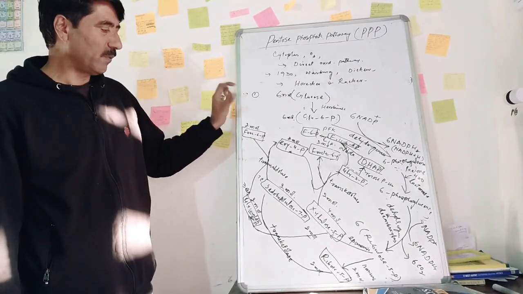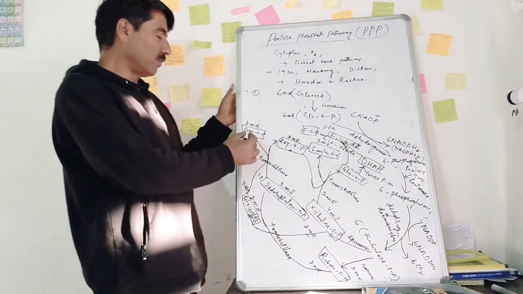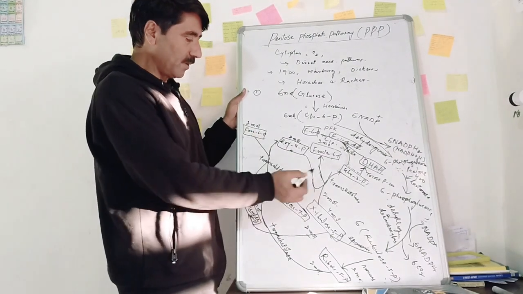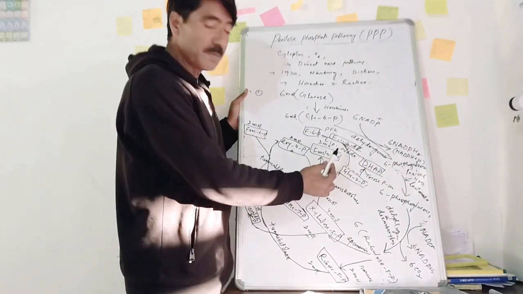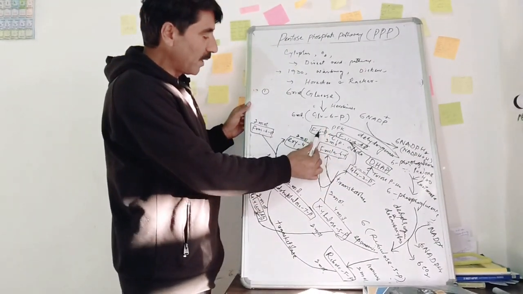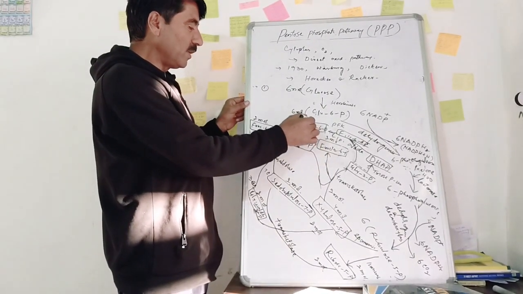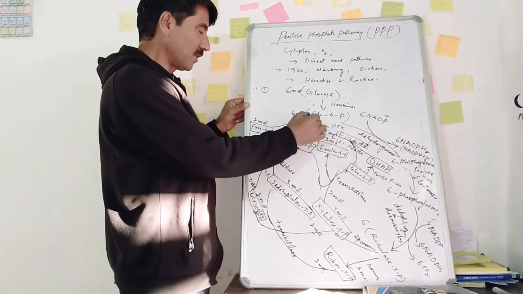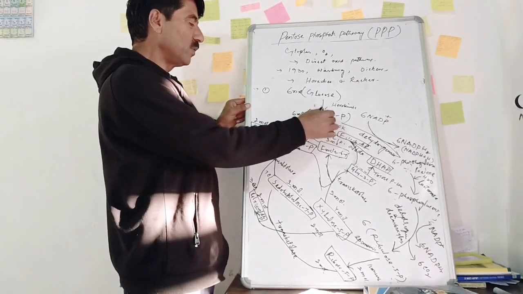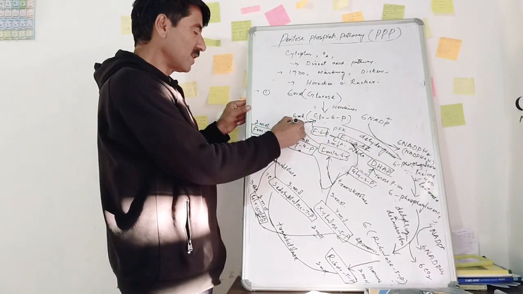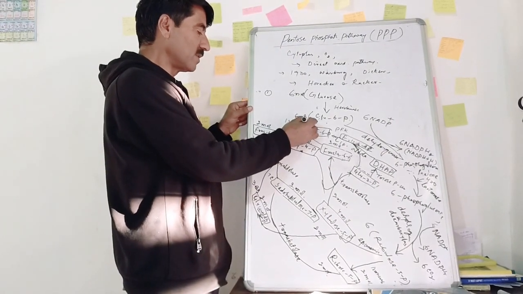So overall, if you will see now here, we have two molecules of fructose 6-phosphate here, two molecules of fructose 6-phosphate here, and one molecule of fructose 6-phosphate here. Now, these 5 molecules of fructose 6-phosphate all get converted into glucose 6-phosphate in presence of the enzyme isomerase.